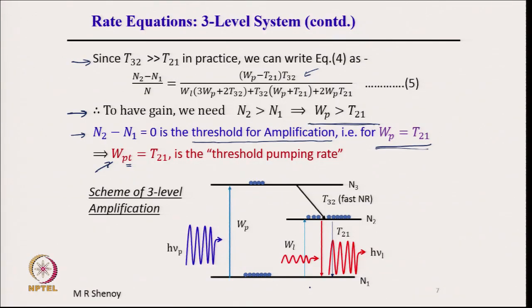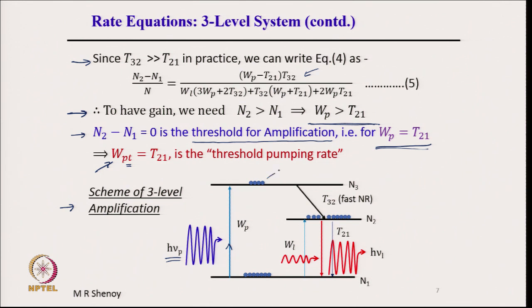Finally, the scheme of 3 level amplification is summarized here. You have a pump of energy h nu p, which is exciting atoms from the ground state to level 3, and from level 3 they come down rapidly.